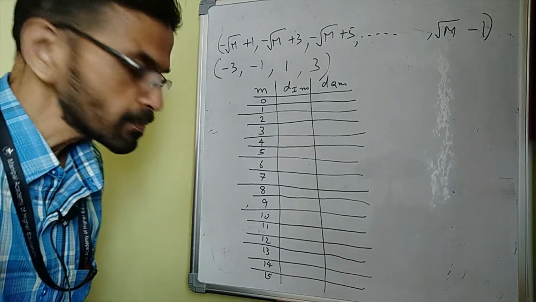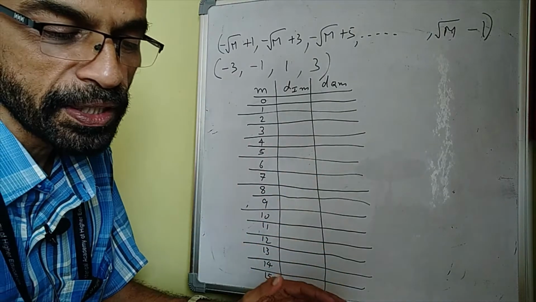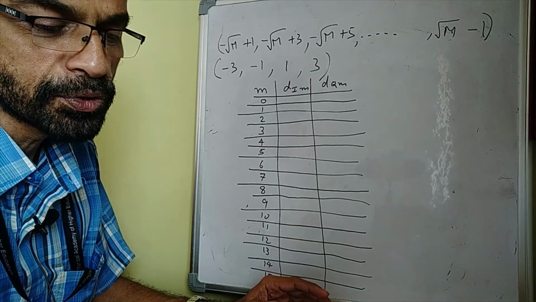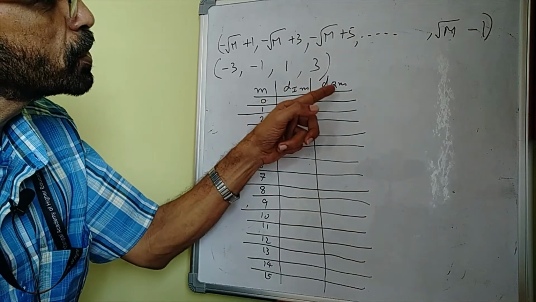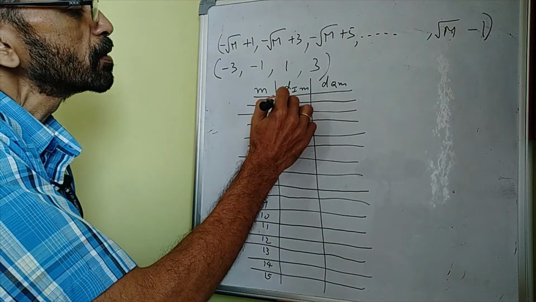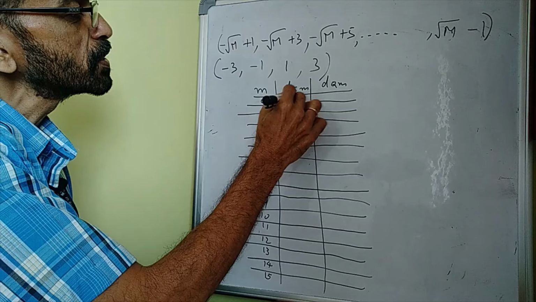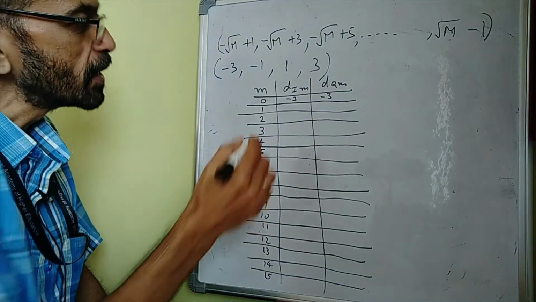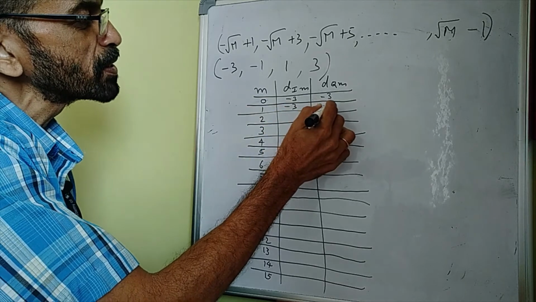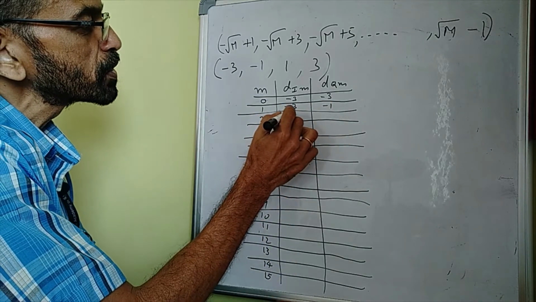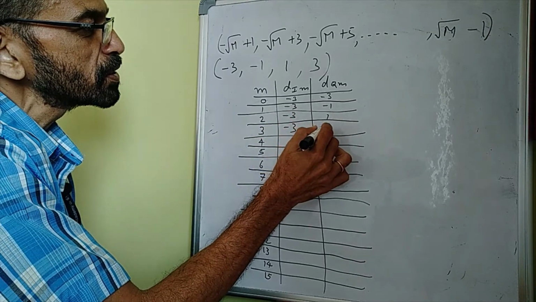And I will now show a possible way in which dim and dqm can take values. So for m0, I will have di0, dq0, and remember, it's going to take values from this set independently. So that can be minus 3, minus 3. And then for m1, that can be minus 3, minus 1. For m2 it can be minus 3, 1. For m3 minus 3, 3.